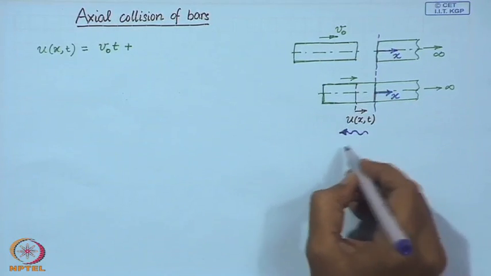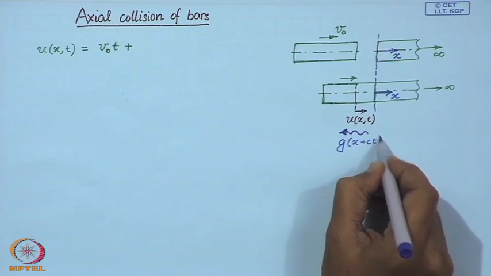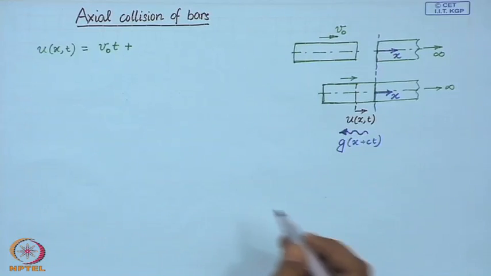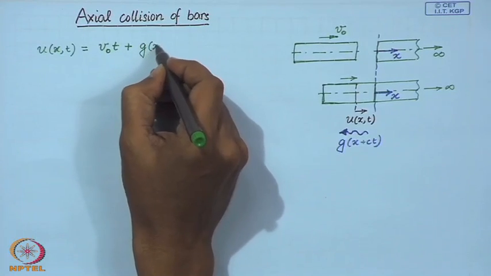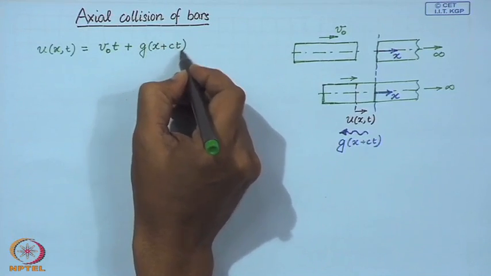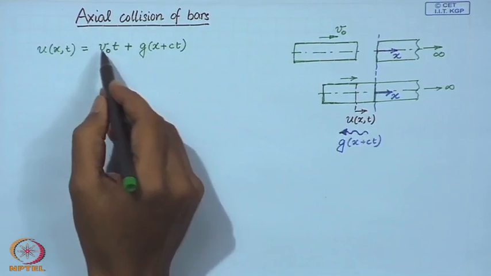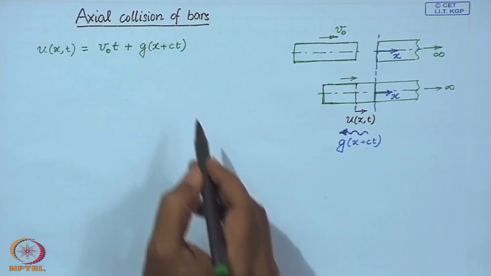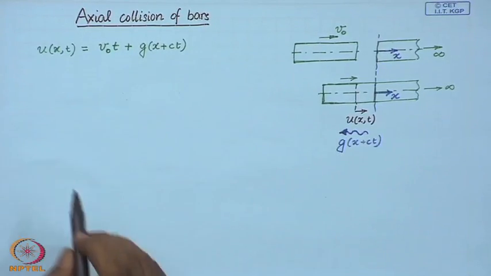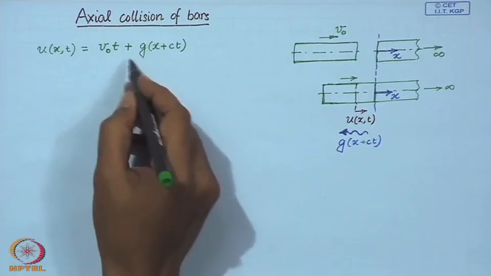We will represent this wave by g(x+ct). This is the gross motion of the bar, and over and above this there is this wave which is propagating in the negative x direction as a result of the collision.